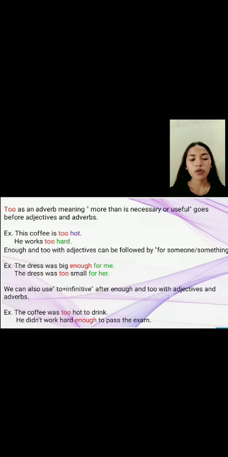So next, so we can also use to plus infinitive after enough and too with adjectives and adverbs. So take a look at this example. The coffee was too hot to drink. He didn't work hard enough to pass the exam. So as you can see, to plus infinitive: hot to drink, plus from the second example, enough plus to pass the exam.